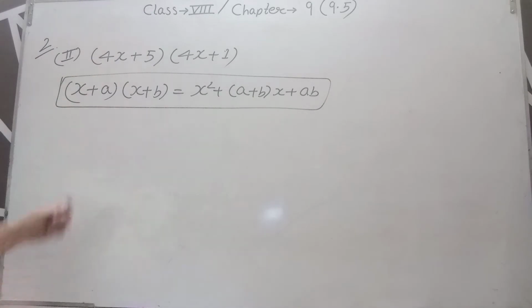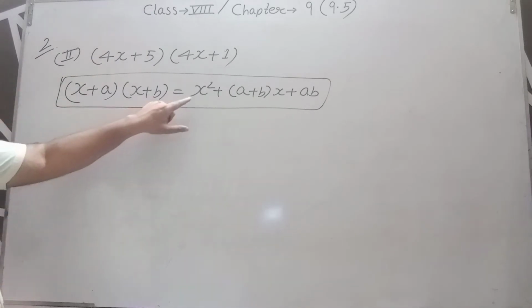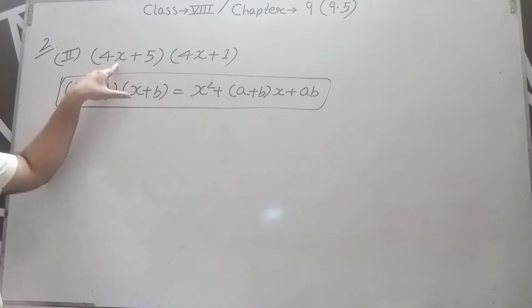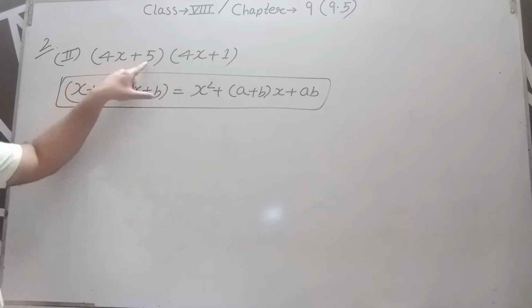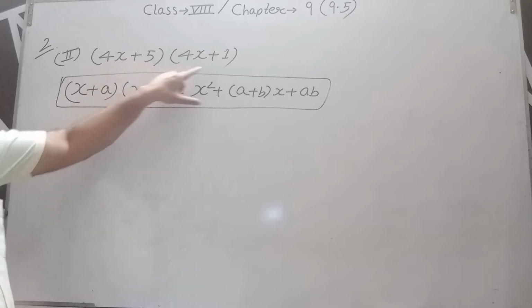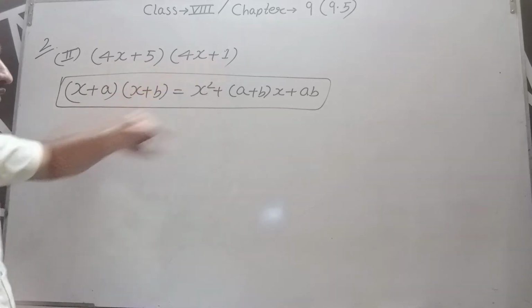Now after comparing we obtain that in place of x we note down 4x, in place of a we note down 5, and in place of b we note down 1.